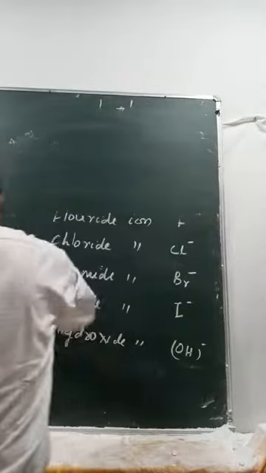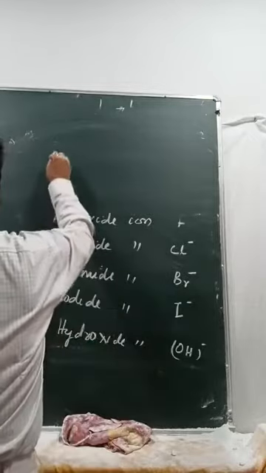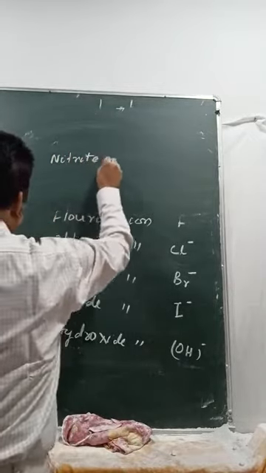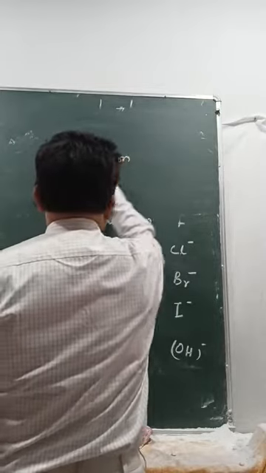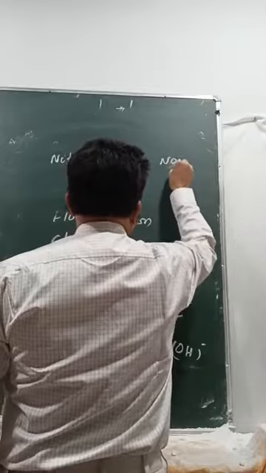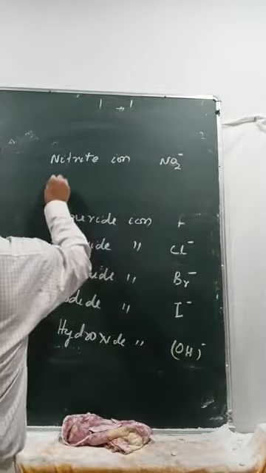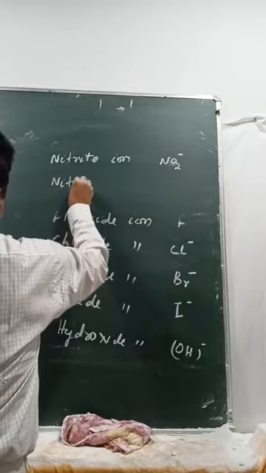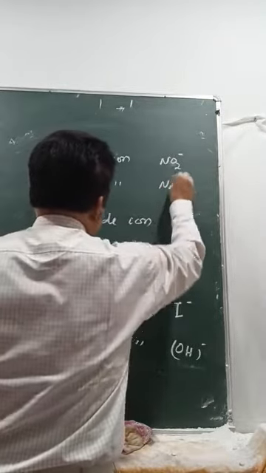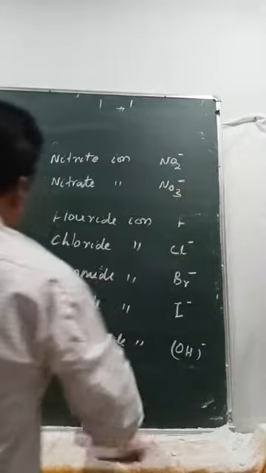Okay. Then comes nitrite, negative radical. Nitrite, NO2 minus. Nitrate, NO3 minus, means they are going to accept one electron. Okay.